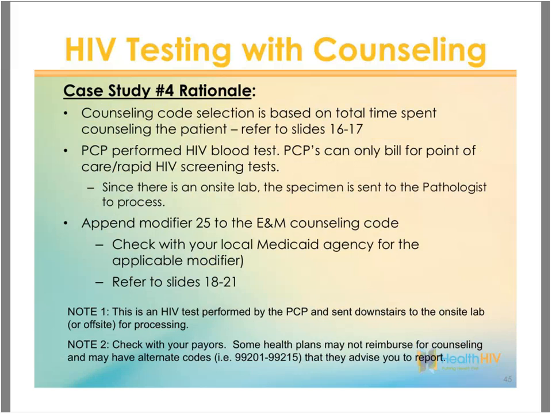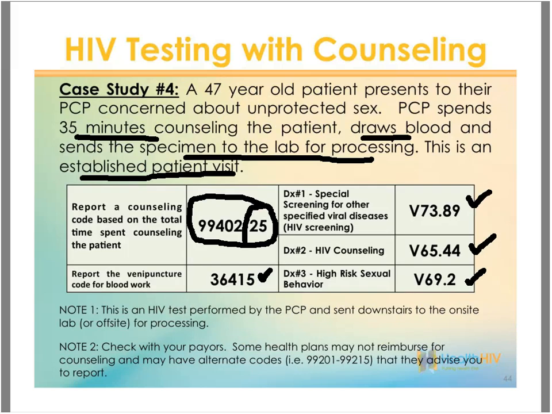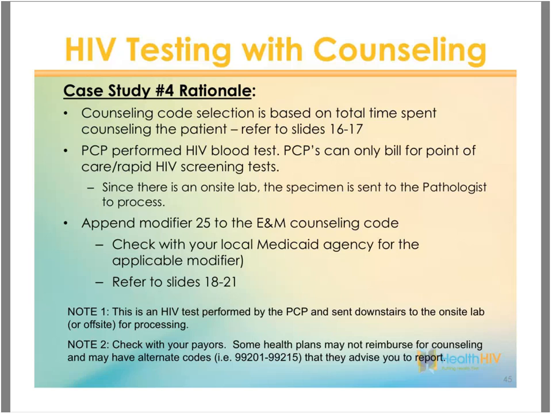The rationale for this case study: counseling based on time. The patient was counseled for 35 minutes, and the counseling code was selected on the basis of how much time was spent counseling the patient. The physician made the decision to perform a rapid screen test, and they have an on-site lab that processes this service.